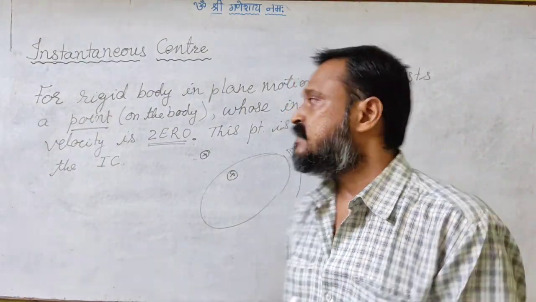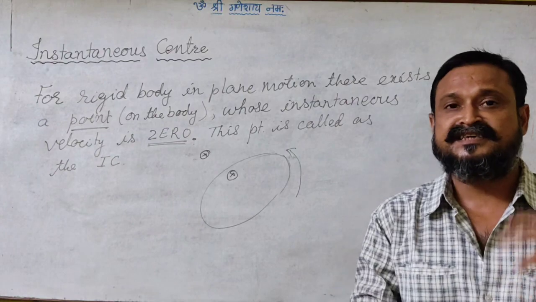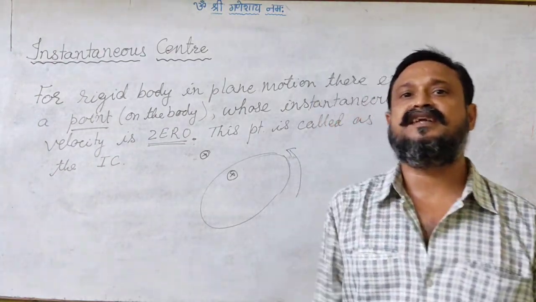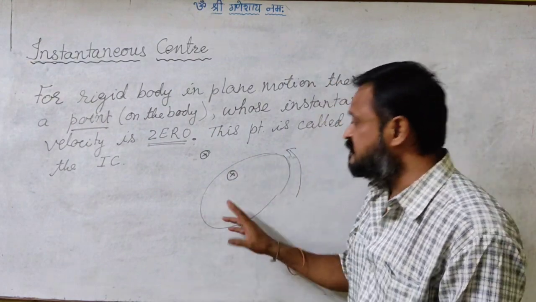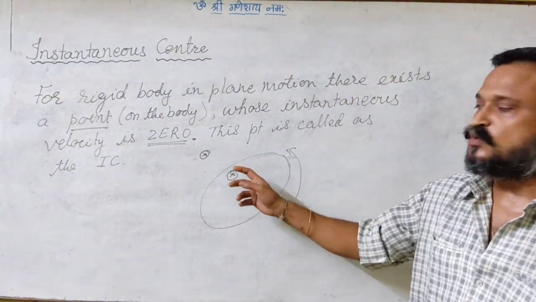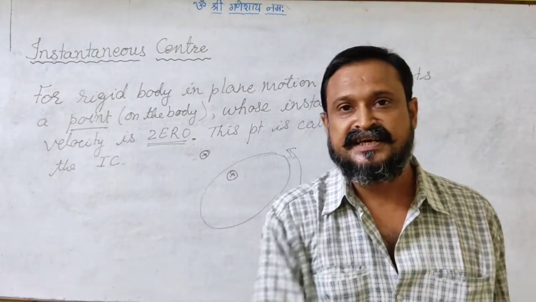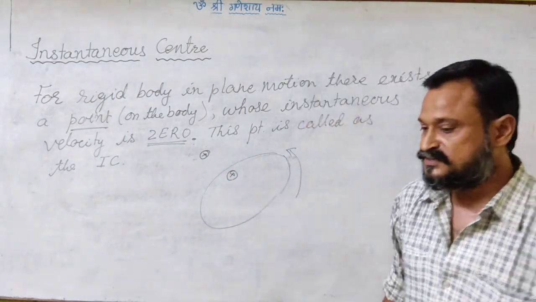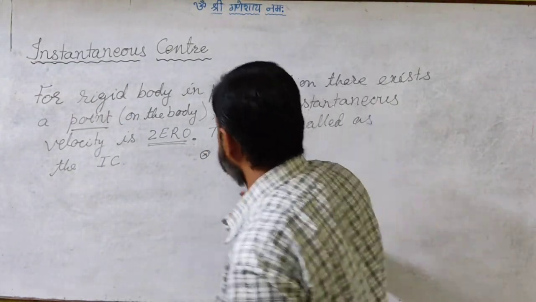Again, this is an instantaneous center, so for the next instant the location may change. For this instant, the body is rotating about this particular point whose instantaneous velocity is 0. This is what an instantaneous center is.